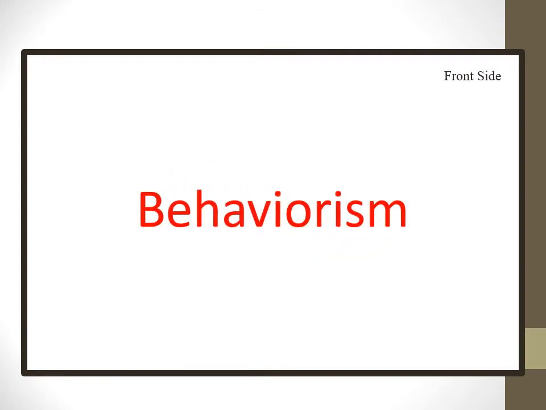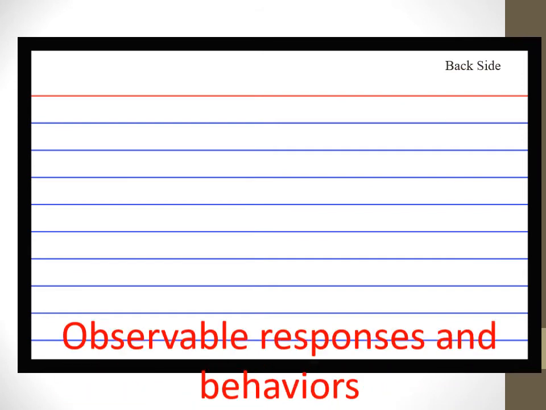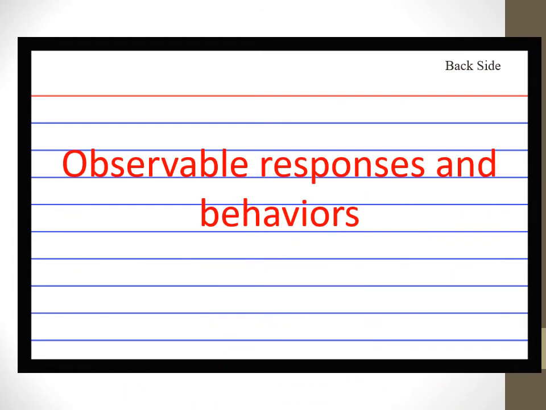All right, next index card. On the front side, our key point is behaviorism. On the back side of this card, the definition of behaviorism, which is observable responses and behaviors.